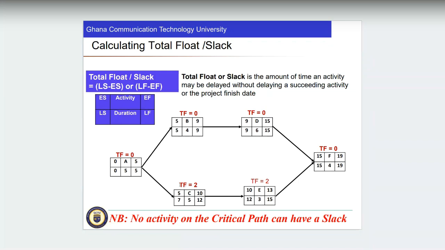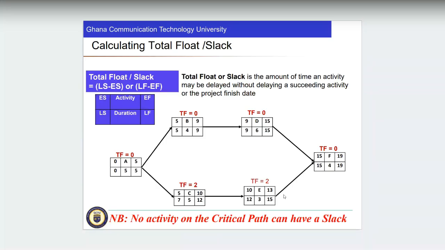It is just a delay in activity, it is not going to affect any succeeding activity. But the moment they become 0, 0, any slight mistake that goes wrong on the project, we won't finish on the date we placed on the project.